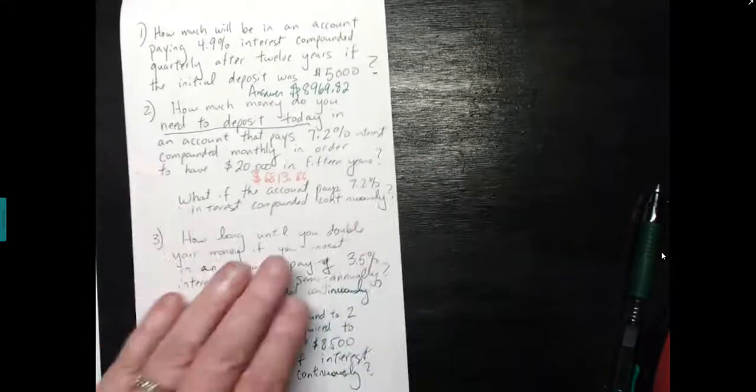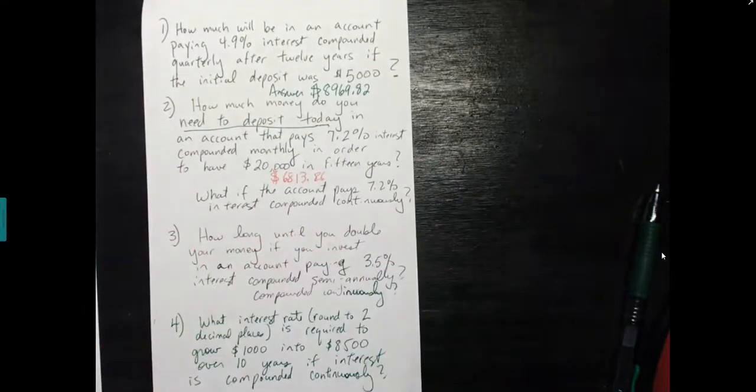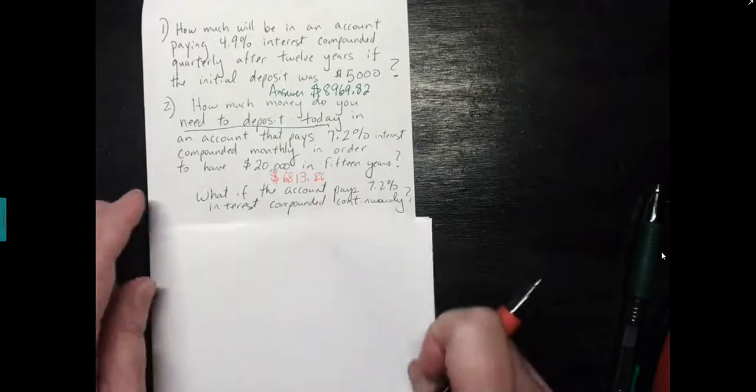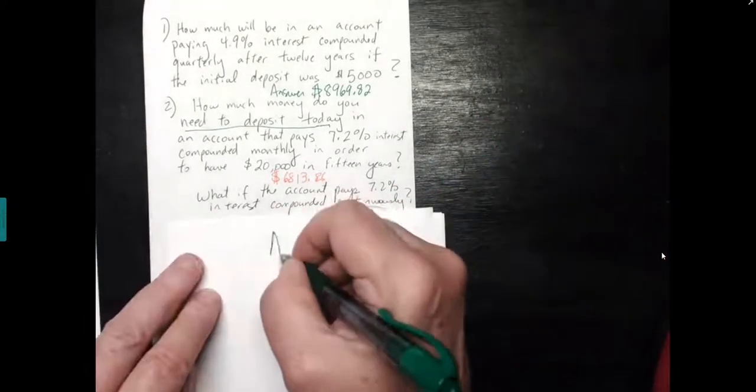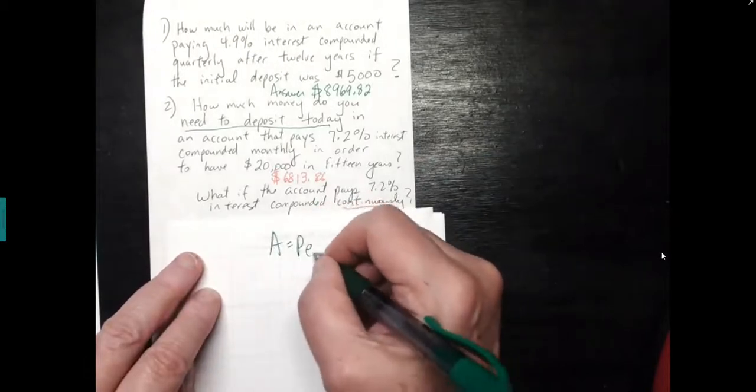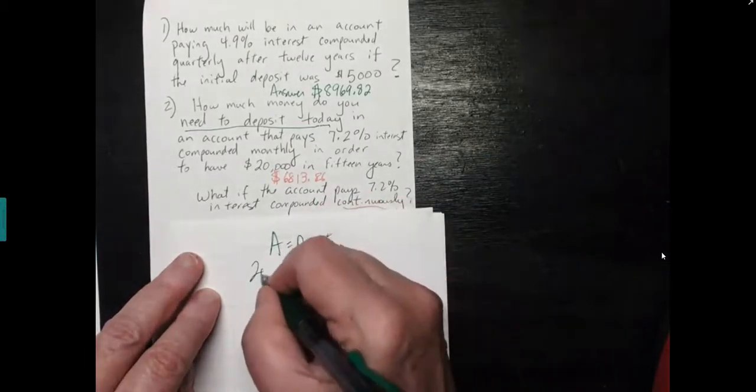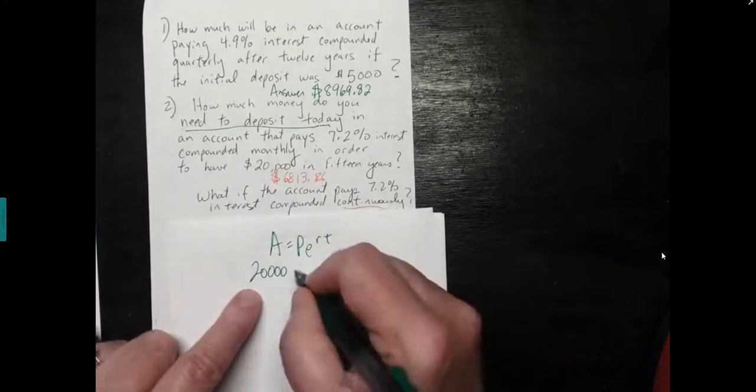Okay. Now, what if the account were paying 7.2%, but the interest was compounded continuously? Well, then if it's compounded continuously, the formula we're going to use is that. So we want to end with 20,000.